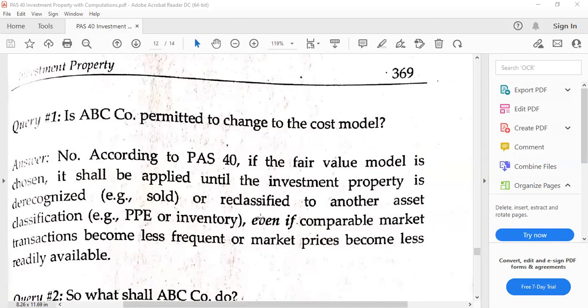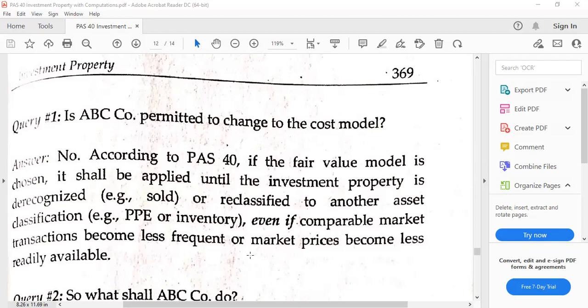No, a big no. Once we move from cost model to fair value model, or once we use the fair value model initially, then no turning back, no going back, or no usage for a certain reporting that would become less relevant because of such change. So in that case, we have to make use of the fair value model.